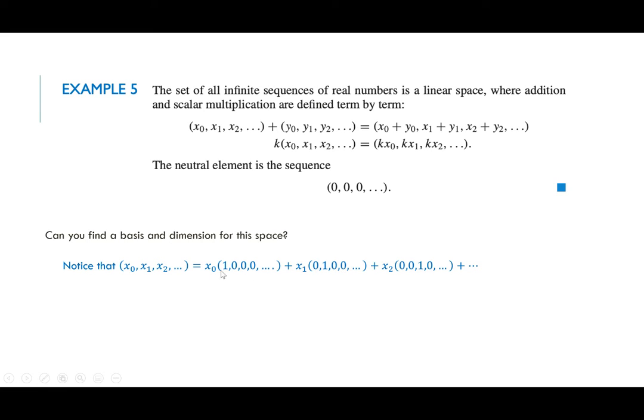If you just scale all these vectors and add them together, you totally get this infinite sequence back. So yeah, these sequences span the space because any arbitrary infinite sequence is going to be a linear combination of them. An infinite linear combination, but a linear combination.